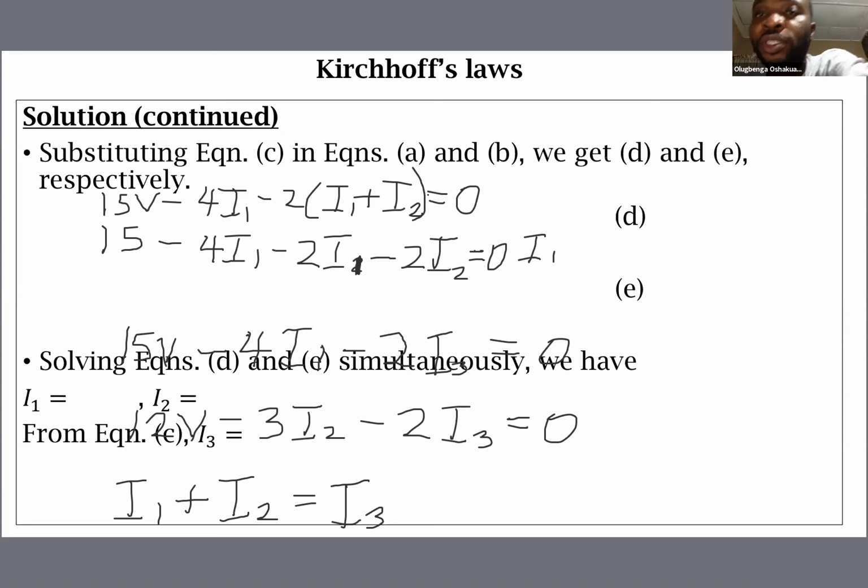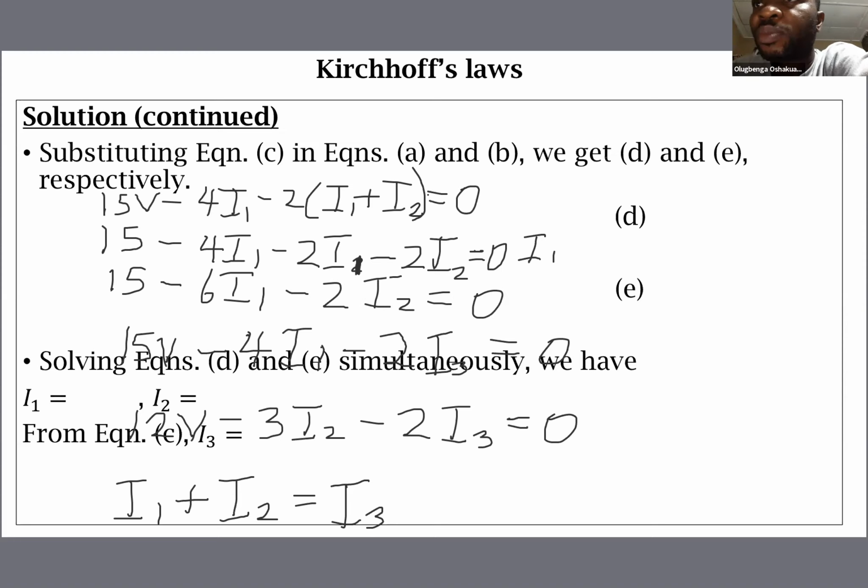And that will lead to saying 15 minus 6I1 minus 2I2 equal to 0.